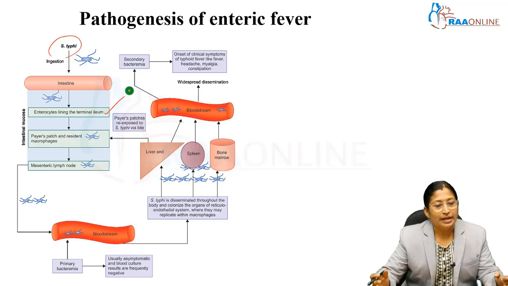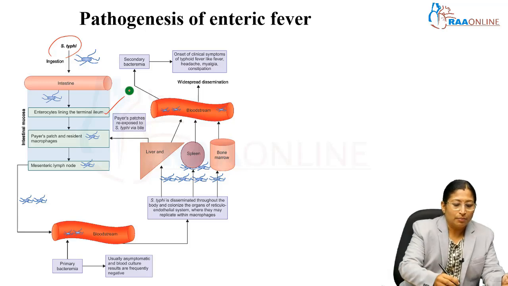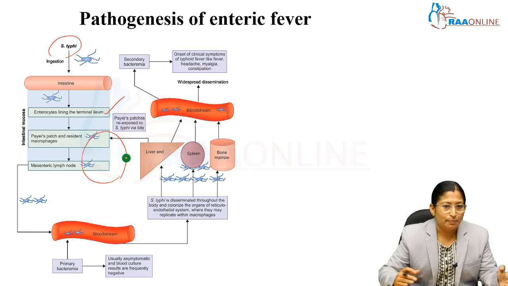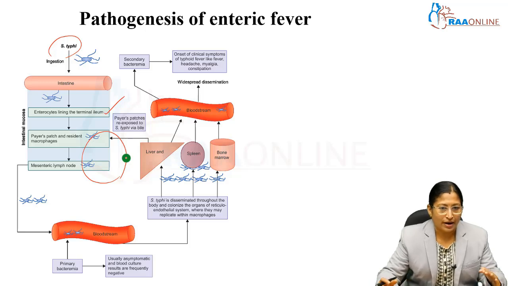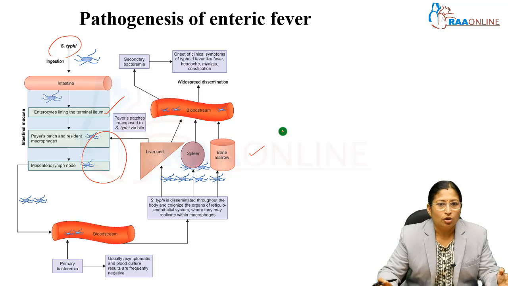Okay, and from there they can invade the mesenteric lymph nodes causing mesenteric lymphadenitis. So at this stage the patient can have abdominal pain, constipation or diarrhea. And from the lymph nodes and from the Peyer's patches, the organism can spread through the bloodstream or lymphatics where it disseminates into other reticuloendothelial organs.